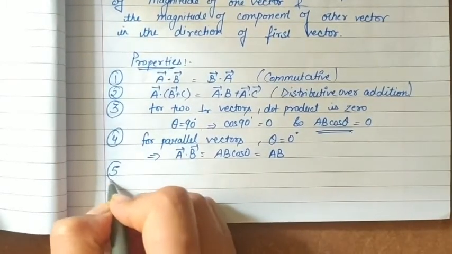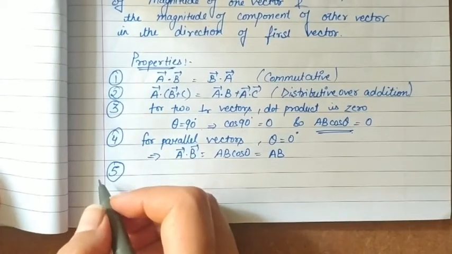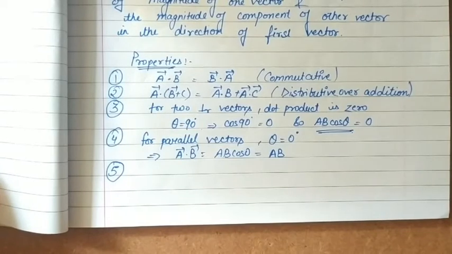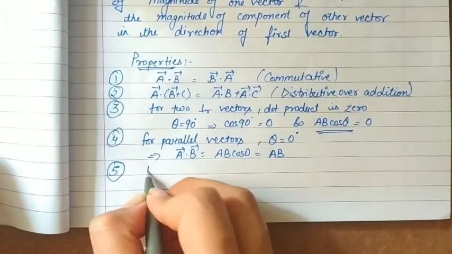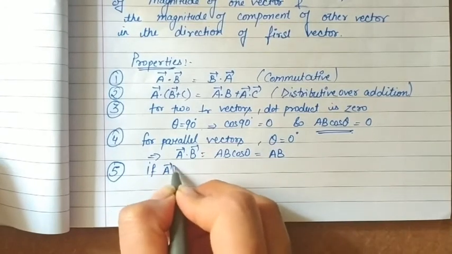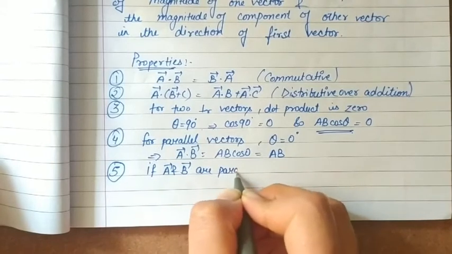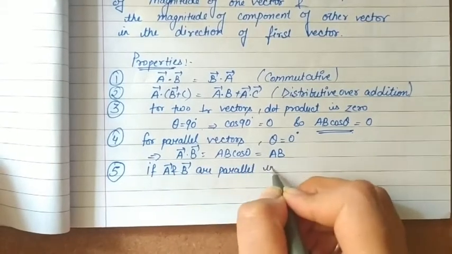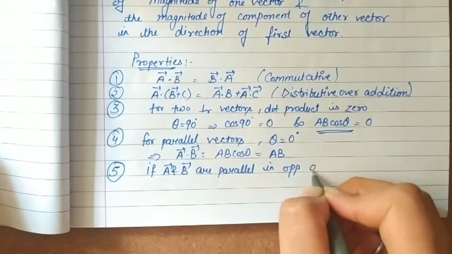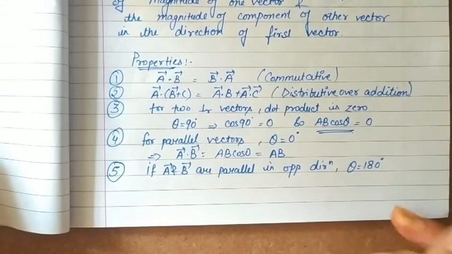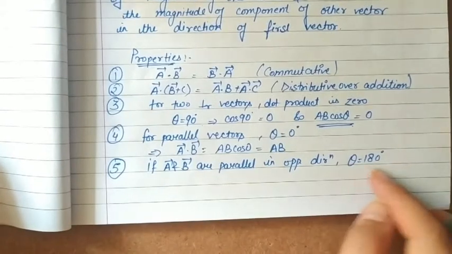What if the vectors are anti-parallel to each other? So if the two vectors are anti-parallel, or we can say parallel in opposite direction, this means that theta is 180 degree, in that case cos 180 is minus 1.